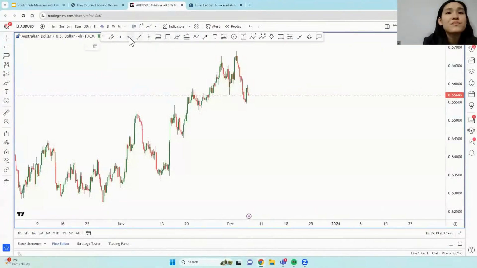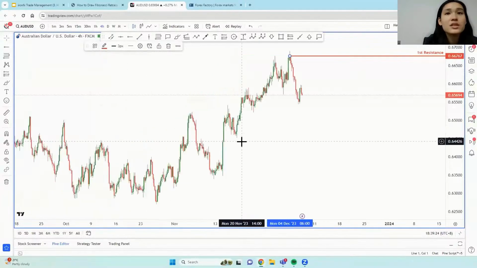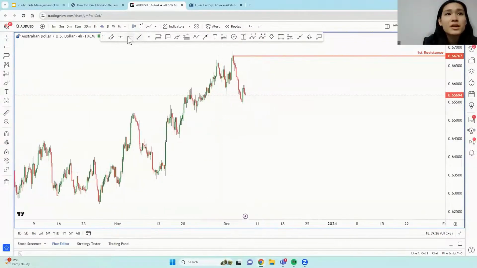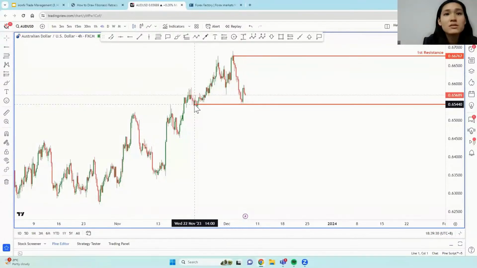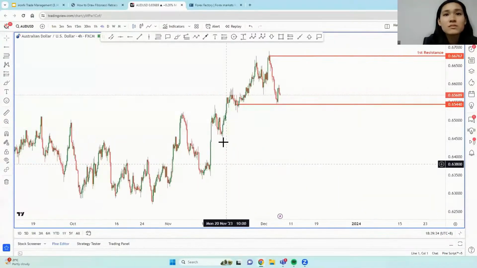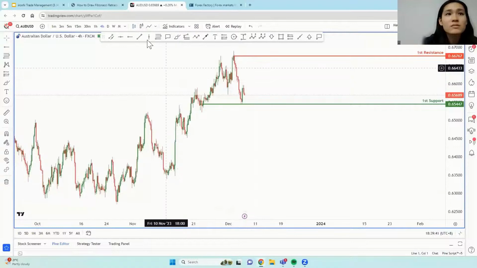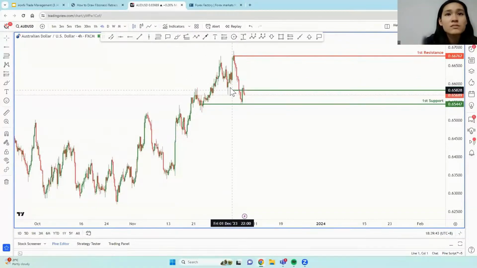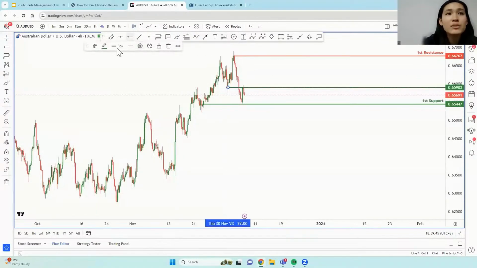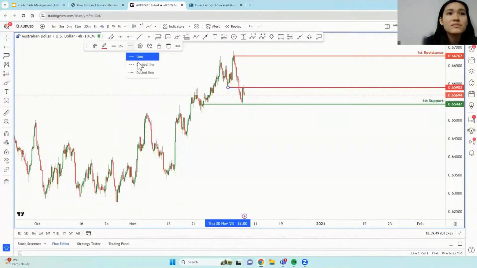Okay, so I'm going to place my first resistance here, and then my first support maybe just here. And then I think I'll place an intermediate resistance here.